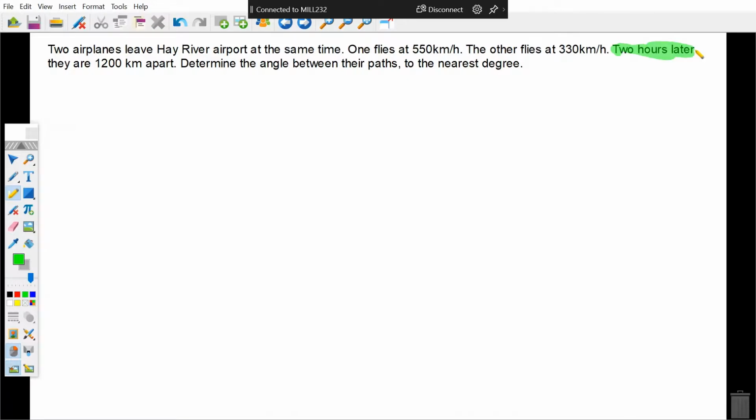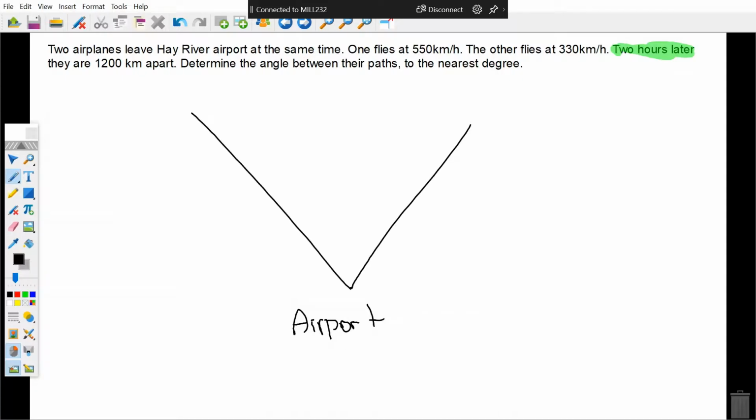All right, let's go over the picture together. So I put the airport down here. Obviously, we're going to make a triangle. One plane is flying this way, the other one is flying this way. The first one's flying 550 kilometers an hour for 2 hours, should be 1,100 kilometers.